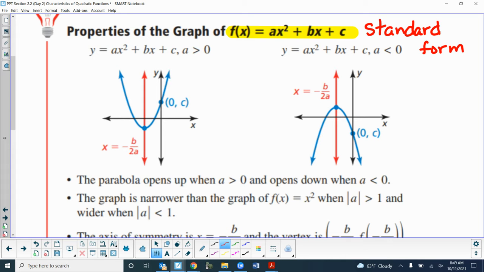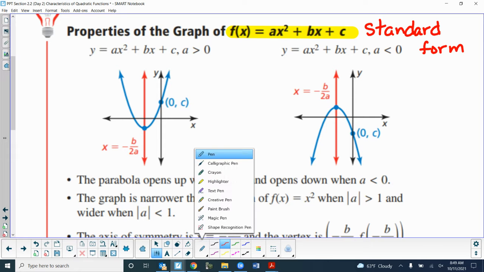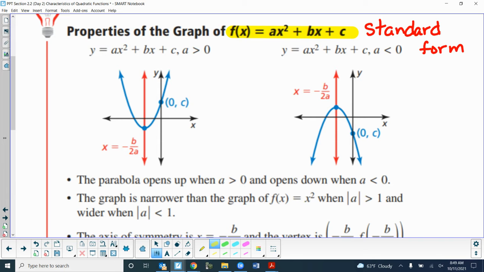All right. So all this is saying, when a is positive, it does what? Opens up. And when a is negative, it opens down, right? To find the axis of symmetry, we use this formula.